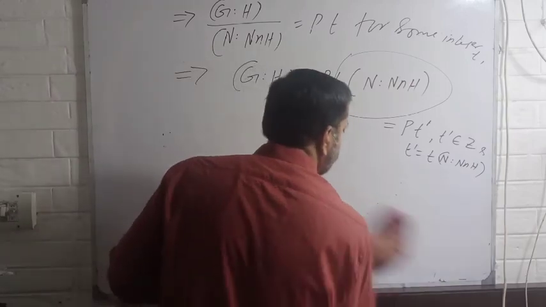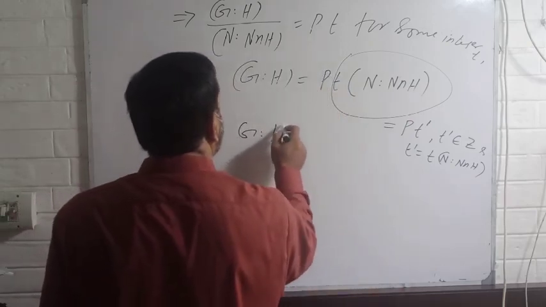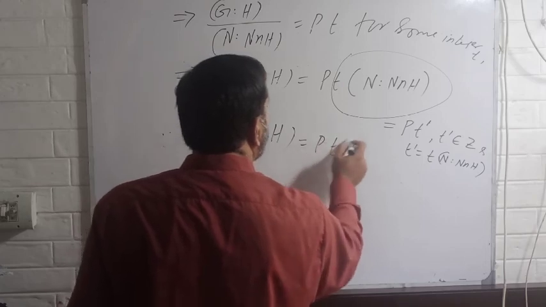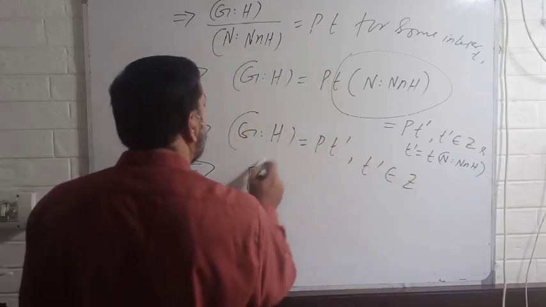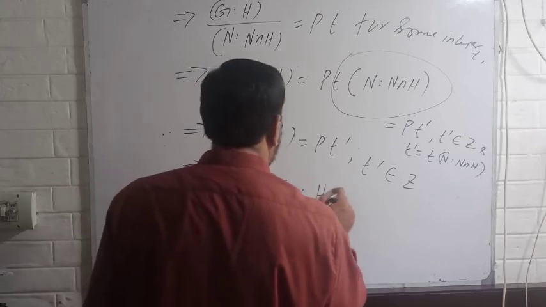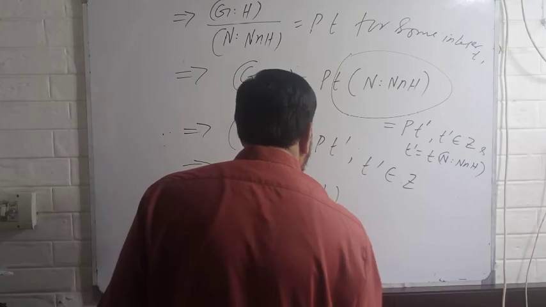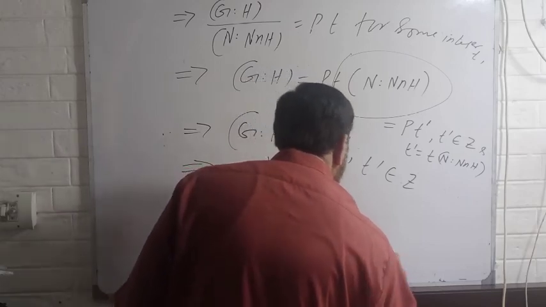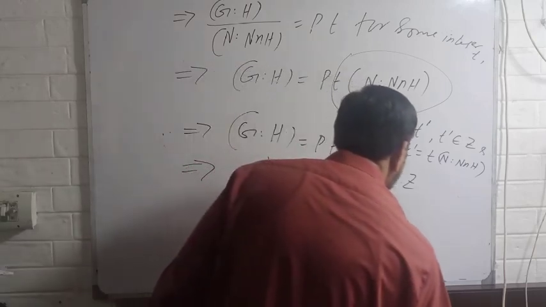What does it mean? So this implies index of G by H is equal to Pt', where t' belongs to Z. So again, by definition of division, P will divide index of G by H. So this implies index of G by H with P is equal to P, a contradiction.